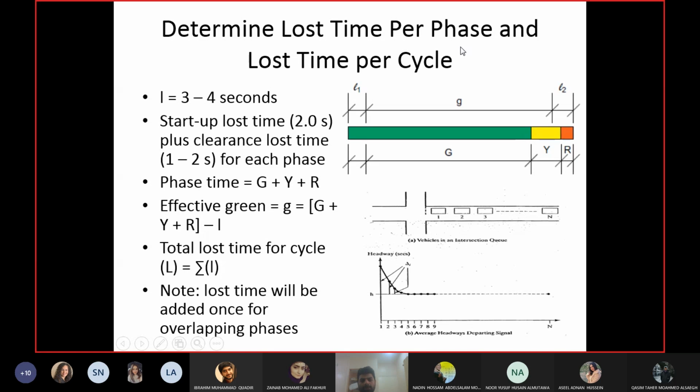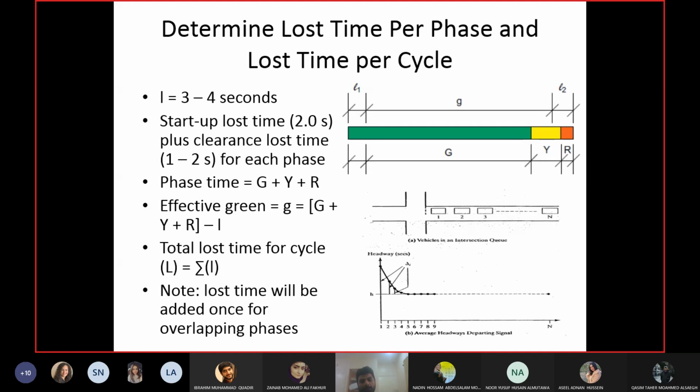Lost time includes two things. We have a startup lost time and clearance lost time. Startup lost time, you can see in this figure as well. I have explained it in the traffic engineering course as well. The first few vehicles are going slowly. So when the signal becomes green, the first 3 or 4 vehicles in the queue take longer headway between them to pass the stop line.